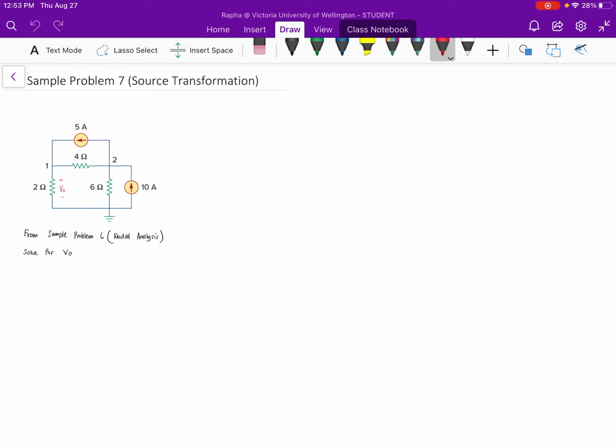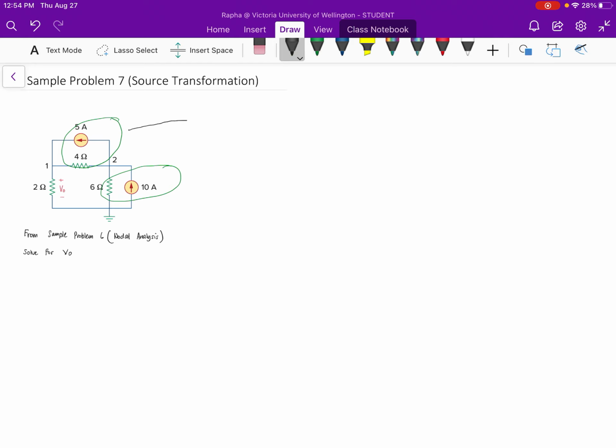In this problem we are meant to solve for VO, and VO is equal to the voltage at node 1, just to have some sort of check as we compare it with our previous solution in nodal analysis. So how do we approach this problem? First, we will find the equivalent source transformation of this part of the circuit, and then of this part of the circuit.